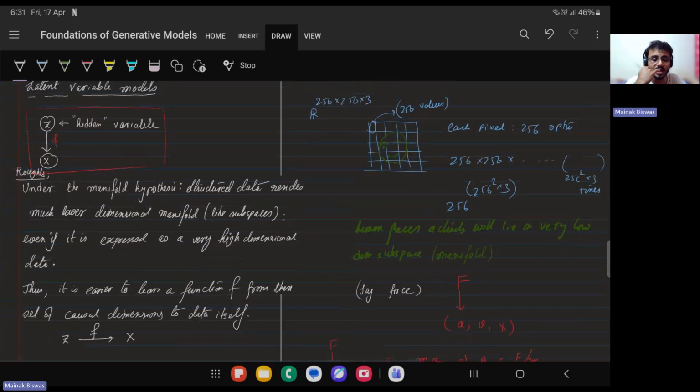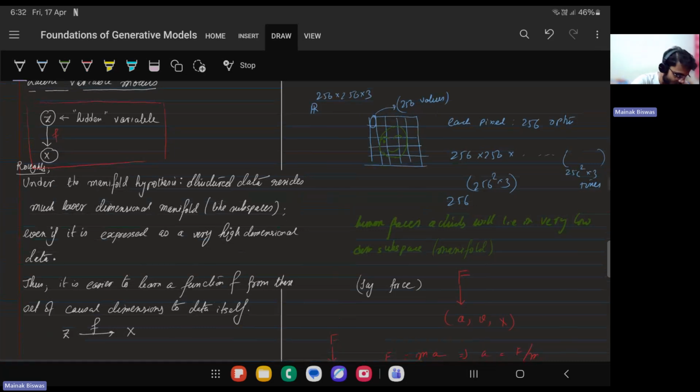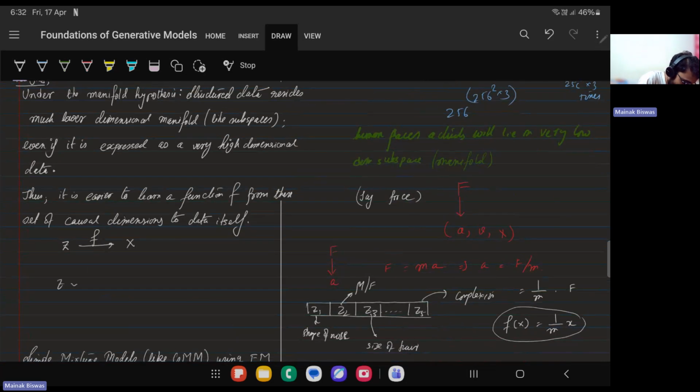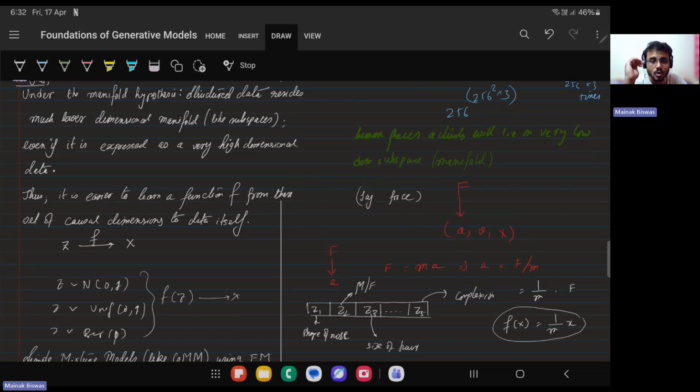So it is easier to learn this function, which maps a set of low dimensional latents, for example latent sampled from normal 0, 1, which is easy to sample, latent sampled from uniform 0, 1, which is easy to sample, latent sampled from Bernoulli with p, and so on. If you can sample from these and I can model f of x, I can get the data. That's the hypothesis. And how I will do that is the question that we'll be seeing throughout the course.